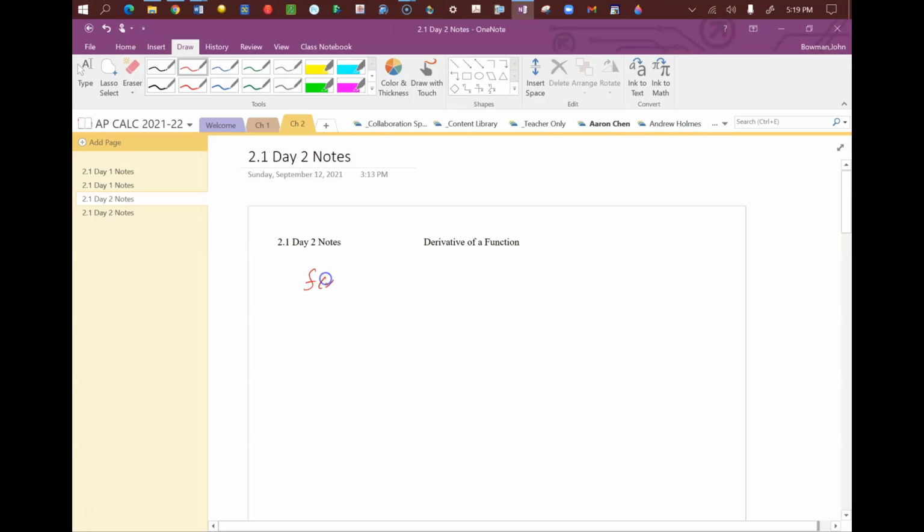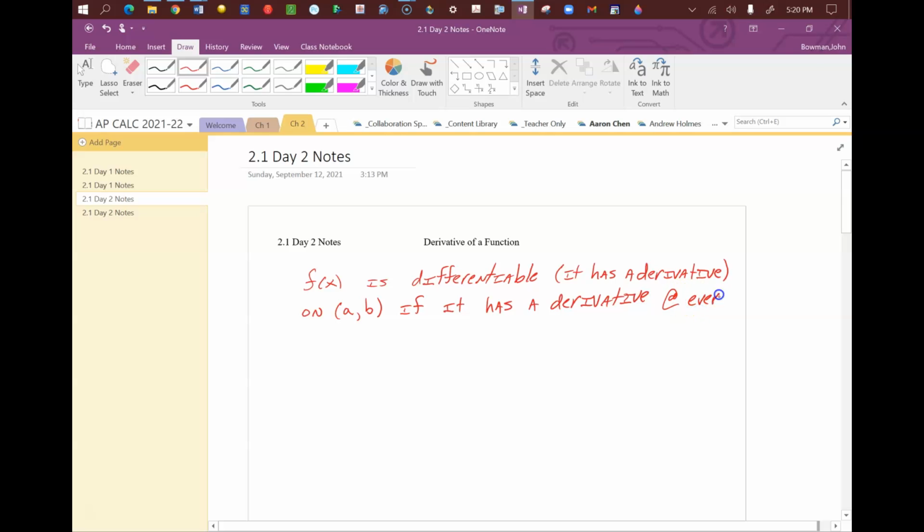So f of x is differentiable, that simply means it has a derivative on some interval AB if it has a derivative at every point on the interval from A to B. So that's simply some terminology.